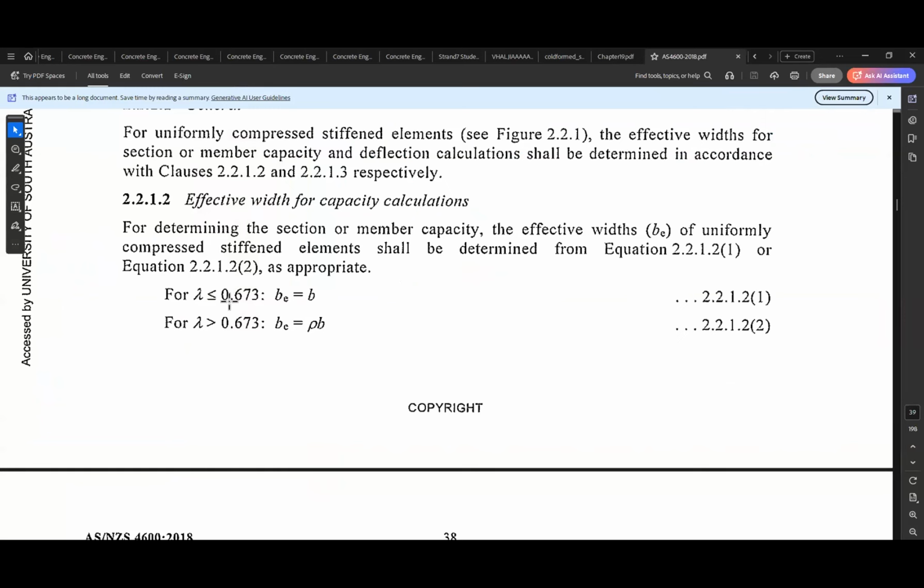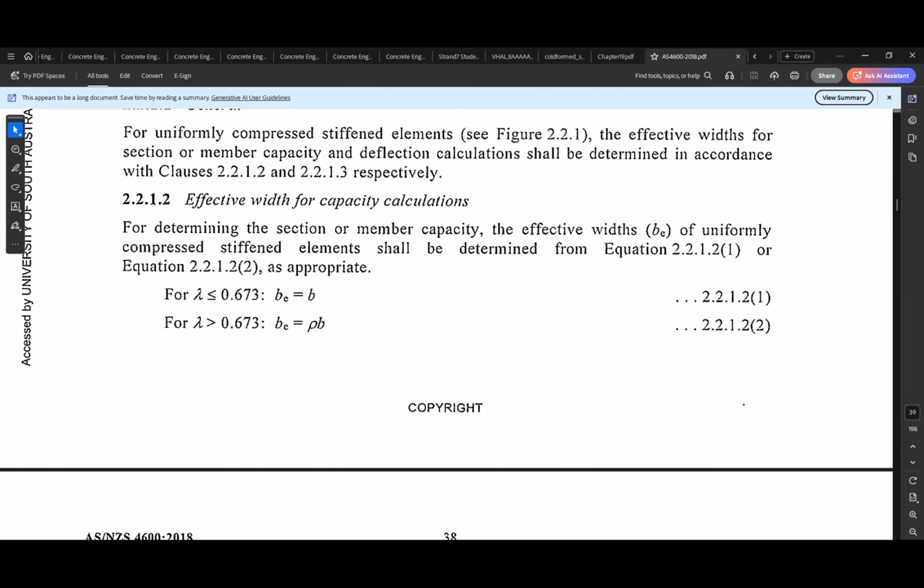If lambda is less than 0.673, B effective equals B. If more than 0.673, it is B effective equals rho B.